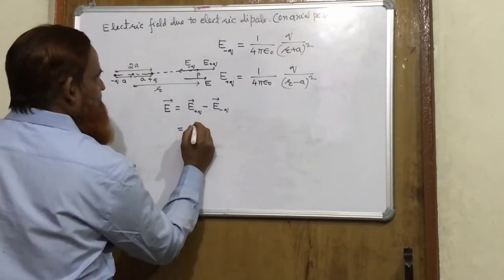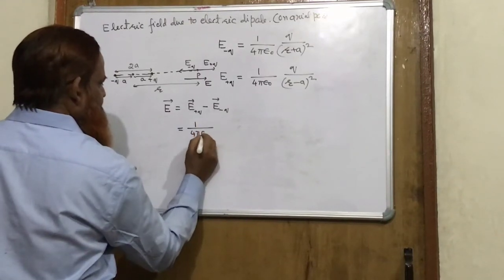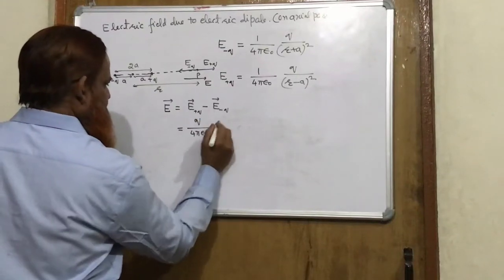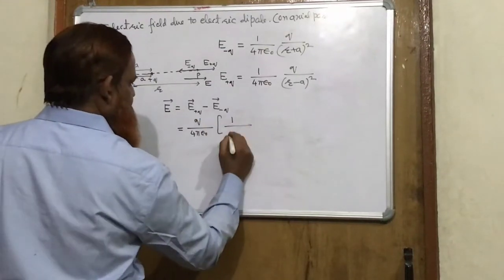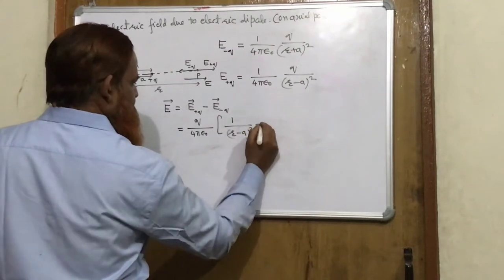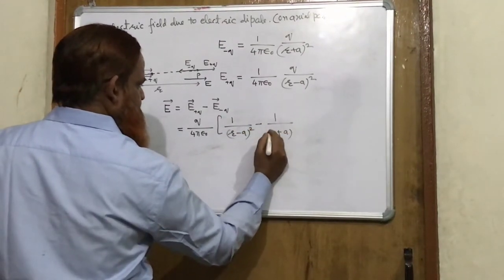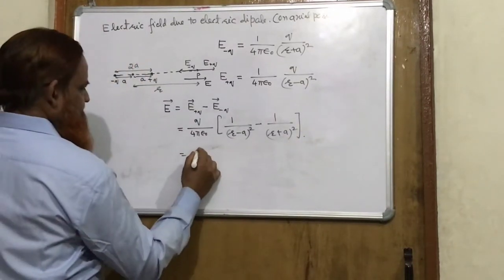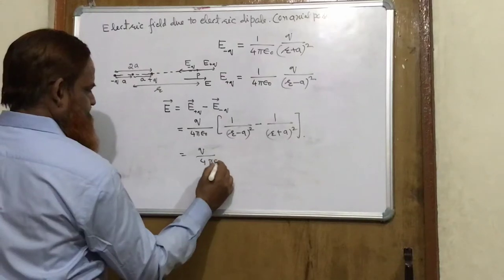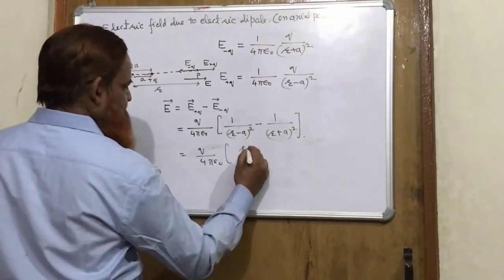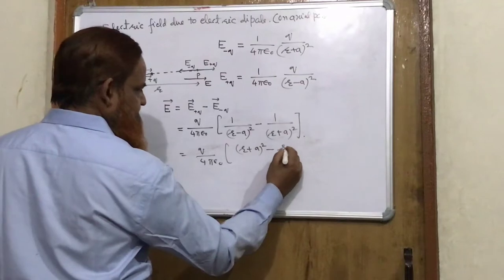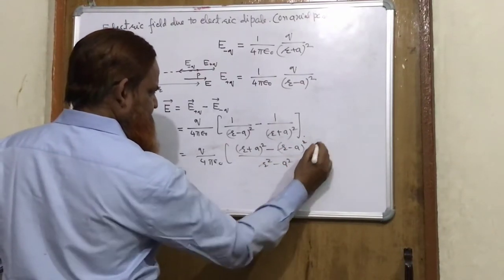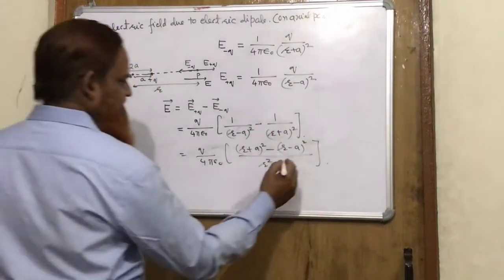So we will put the value here: 1 upon 4 pi epsilon naught Q, we can take here 1 upon (R minus A) whole square minus, we calculate this, 1 upon (R plus A) whole square, upon (R square minus A square) whole square.